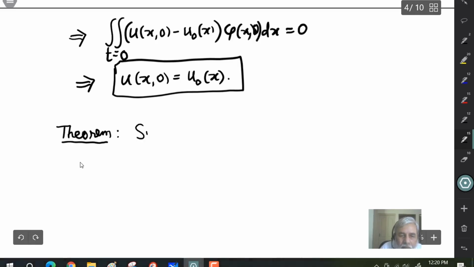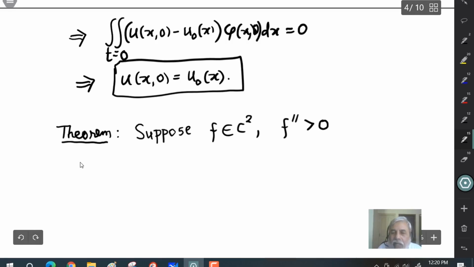Suppose f is a C2 function, these are now the assumptions on the nonlinear function, with f double prime bigger than 0, and the initial condition is a bounded function, just a bounded function. Then there exists a weak solution.